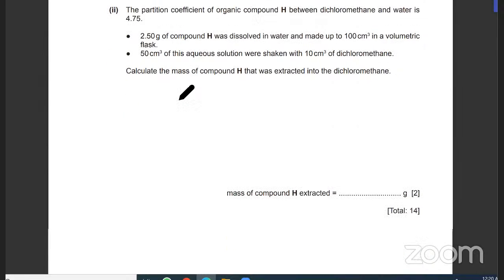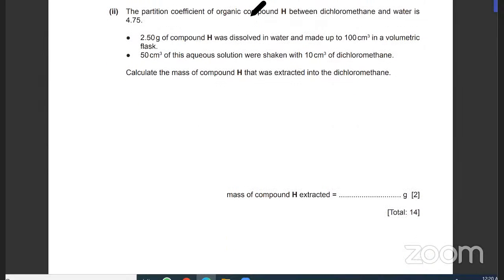This one? Yes, sir. So this one, the partition coefficient. So it's a compound H between dichloromethane and water. Okay, that's the 2. And dichloromethane would be the numerator and water would be the denominator. So the value is already given, that's 4.75.